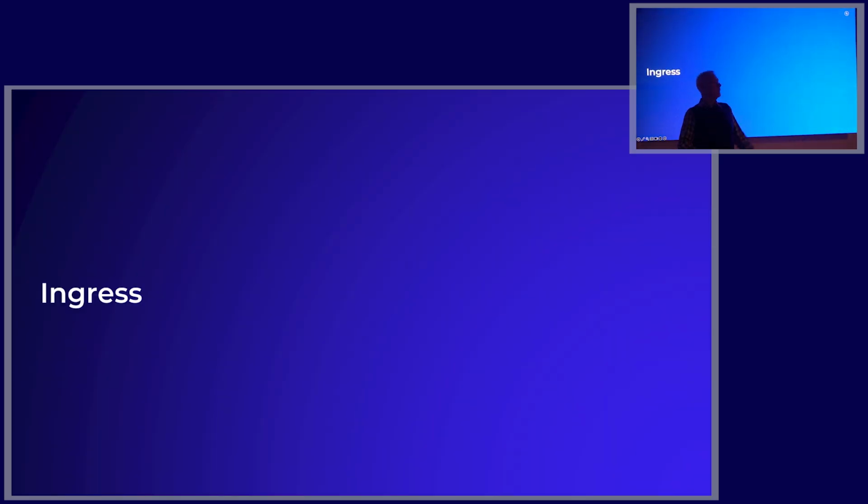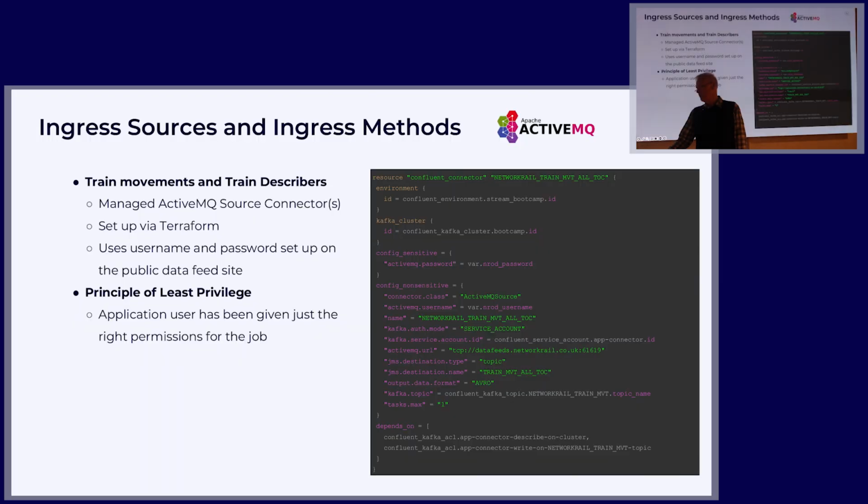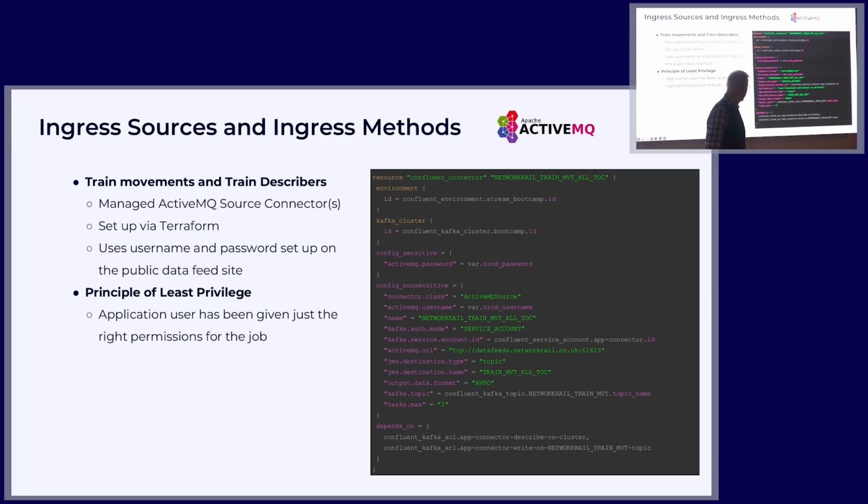Good. Okay, we have a cluster. And now, well, we need to get the data from somewhere. Well, there was this ActiveMQ thing. Can I put a connector in place? Oh, look, I can access the connector using Terraform. Well, that's handy. In that case, let me configure a connector, point it to the right cluster.